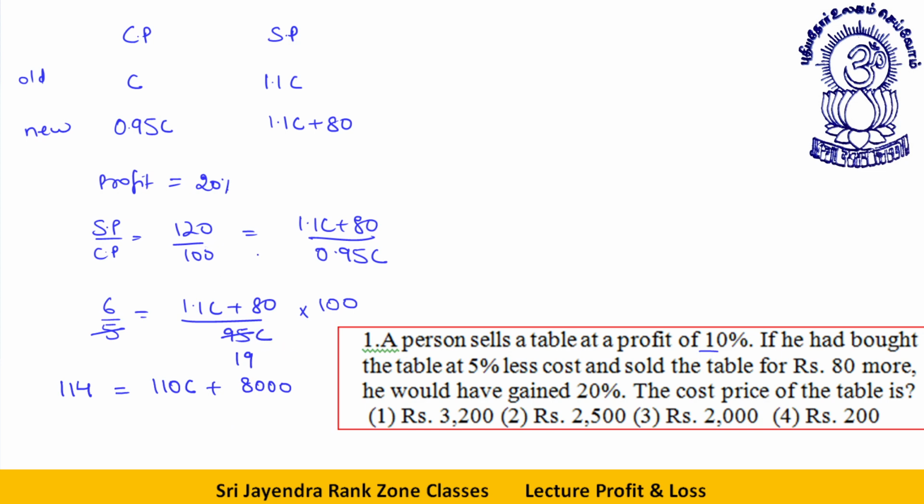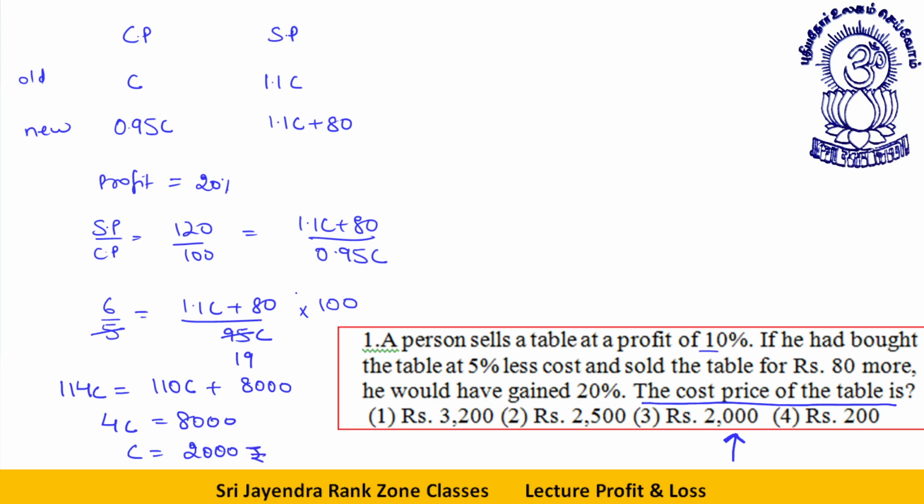C is here, this is 0.95 C now, okay, C. So this will be 114 C. So from here I can say 4C, this gets subtracted, 4C is equal to 8,000, or C comes out to be 2,000. The cost price of the table is 2,000, okay.